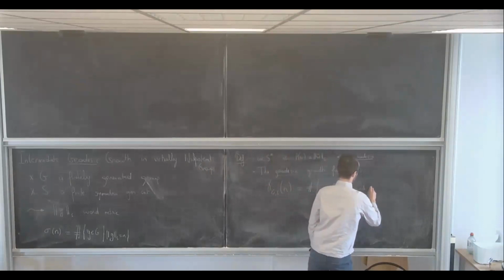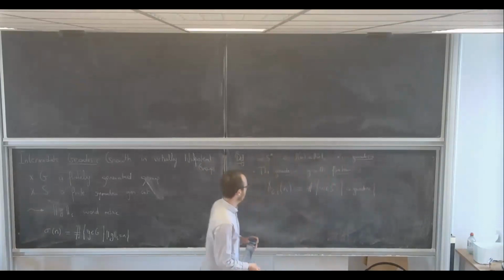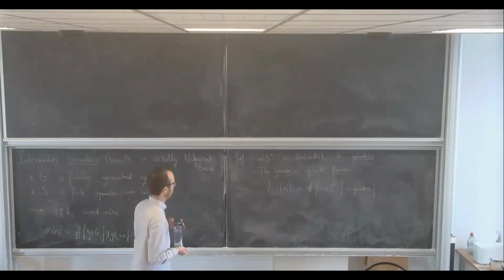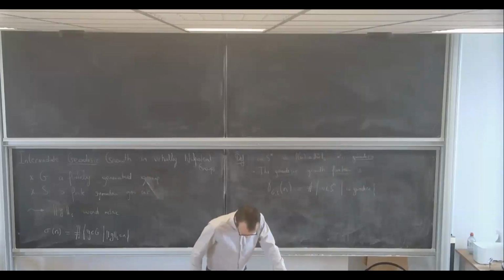So I count the number of different geodesics starting from the identity of the Cayley graph.